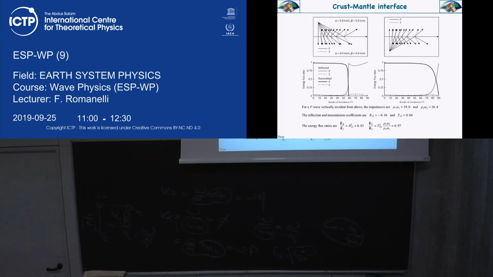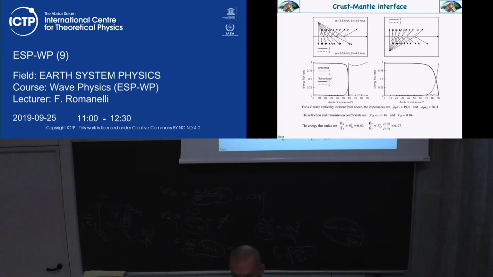What we have done as a summary is just to consider interfaces of discontinuity, heterogeneity, better, starting from the free surface, and then we can imagine to add others and others. Fluid, solid, solid, solid.